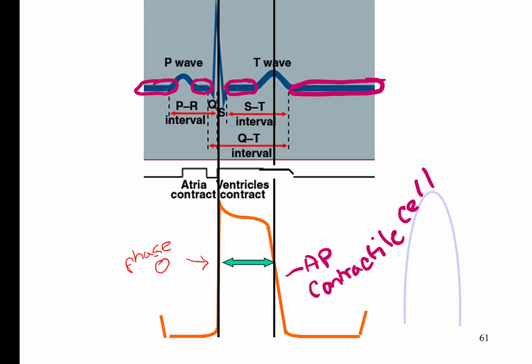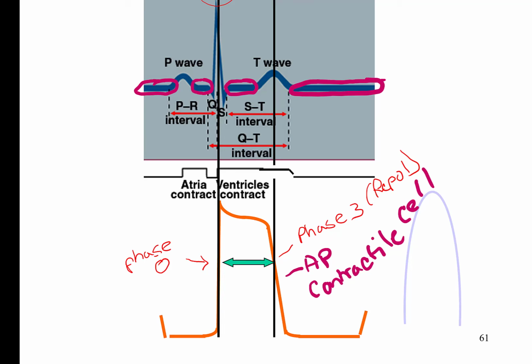And look, it closely approximates the R for our EKG. And then down here, you're seeing phase 3. It's the midline for repolarization for a contractile cell.